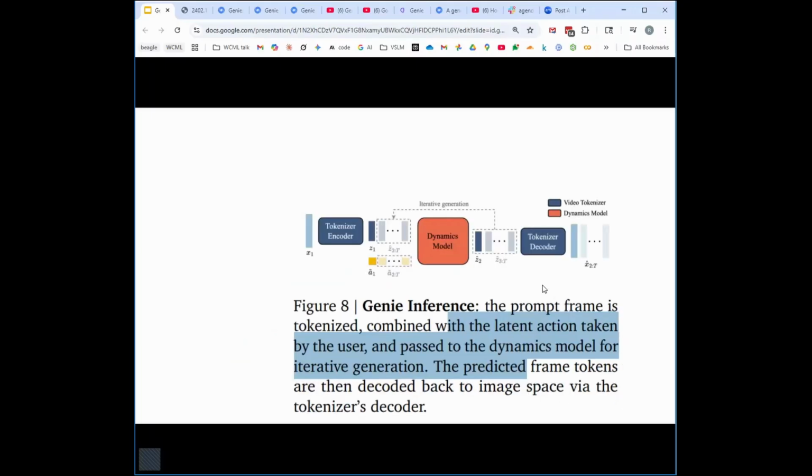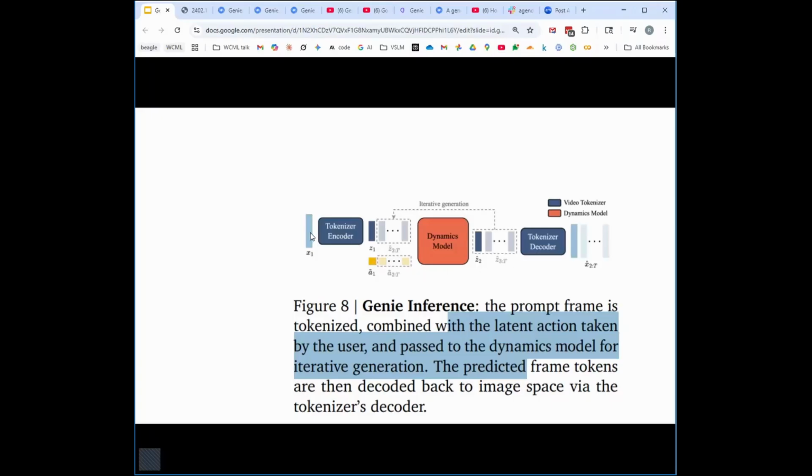And when you're actually doing inference, you're just looping through this, adding an action at a time. In the case of Genie 1, it wasn't interactive, so the actions would have been pre-recorded. Later on in Genie 3, they actually become the live user actions.